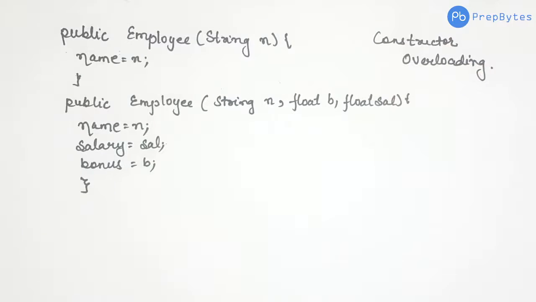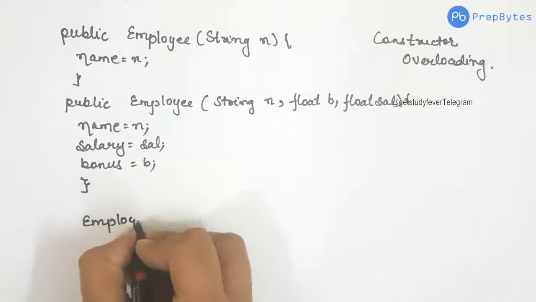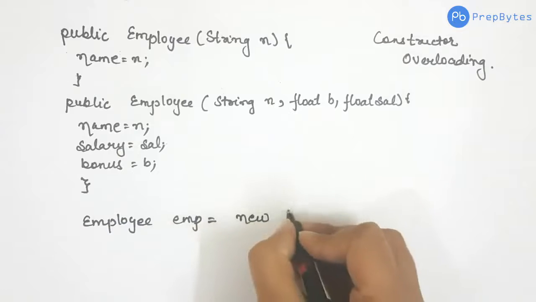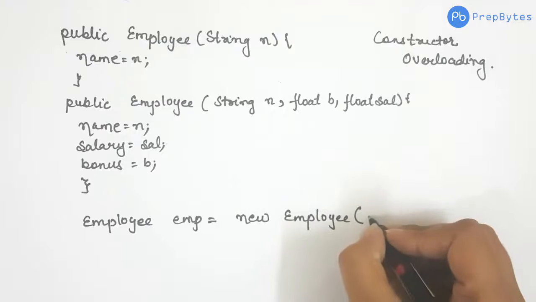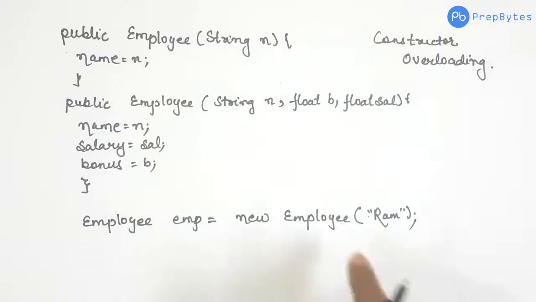What happens in case of constructor overloading is that the constructor is called based on the parameter types and the number of parameters. So let's say I want this constructor to get called. So how do I create the object? I am passing just one parameter.